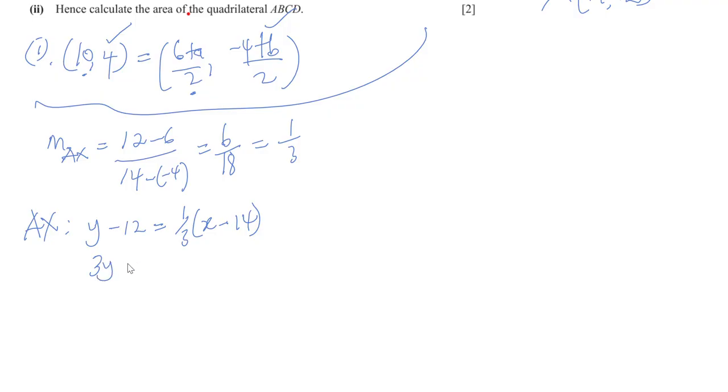I'm going to get 3y minus 36 equals s minus 14. And this gives 3y. Adding 14 to both sides, we are going to get 3y minus 22 equals s. Let this be the first equation.